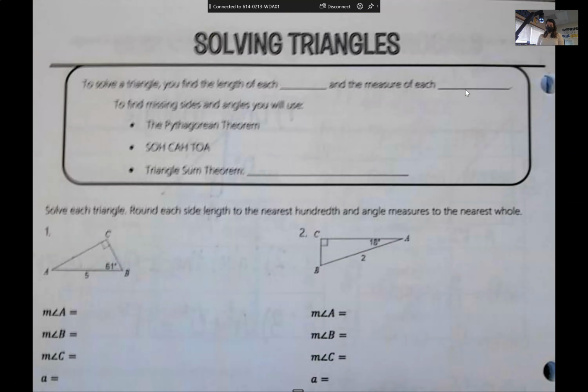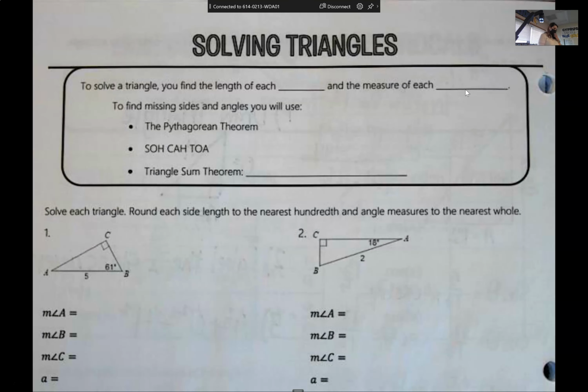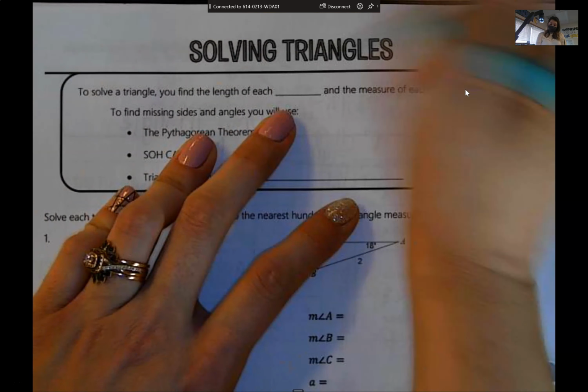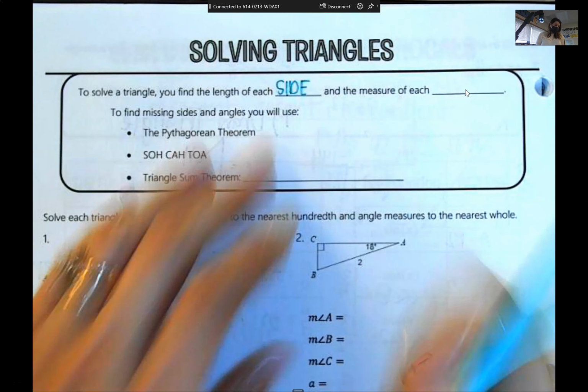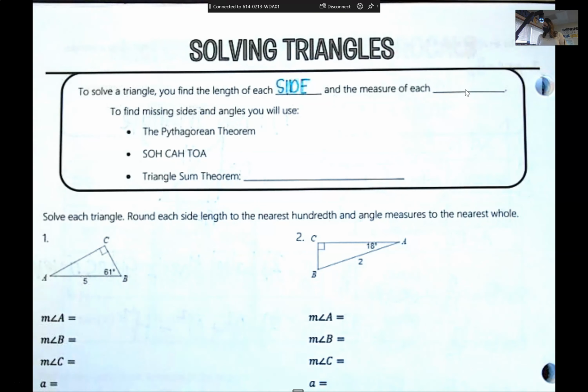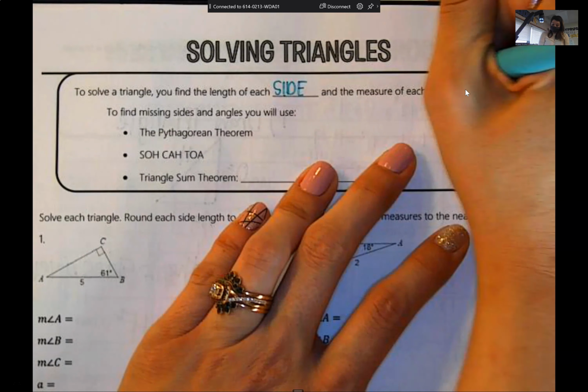It says solving triangles at the top. So to solve a triangle, you find the length of each side and the measure of each angle.